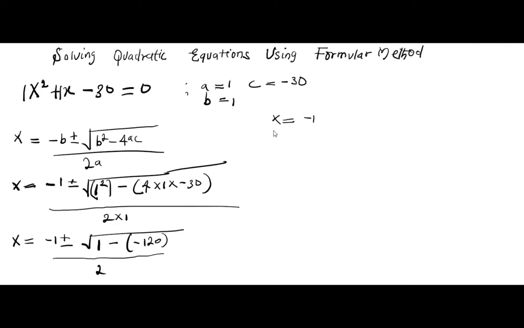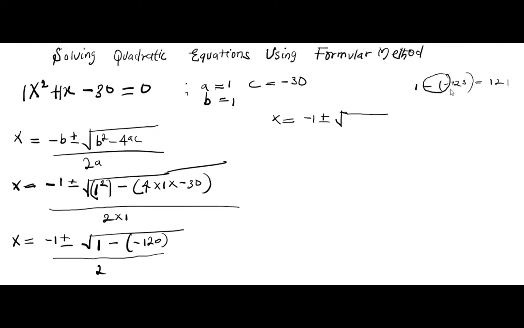So you have your x equals to negative 1 plus or minus, we have square root of 1 minus negative 120. 1 minus negative 120 is equals to 121, because when you have two negative signs, they will change to positive signs.